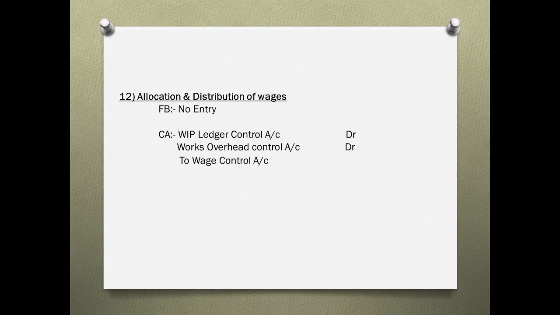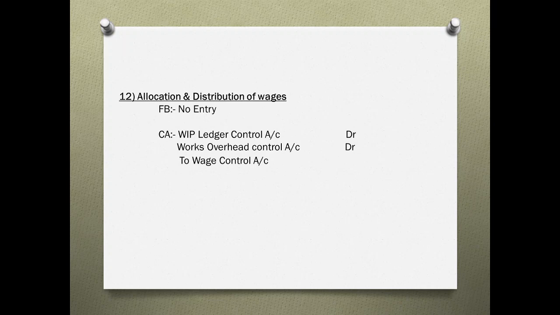We are just dividing the wages: out of the total wages paid, how much is direct and how much is indirect. Always remember, in each and every sum there would be a transaction related to wages paid, and immediately there would be an allocation part also, because we need to close that wage control account. So out of total wages paid, how much is direct and how much is indirect, this entry is going to be there.